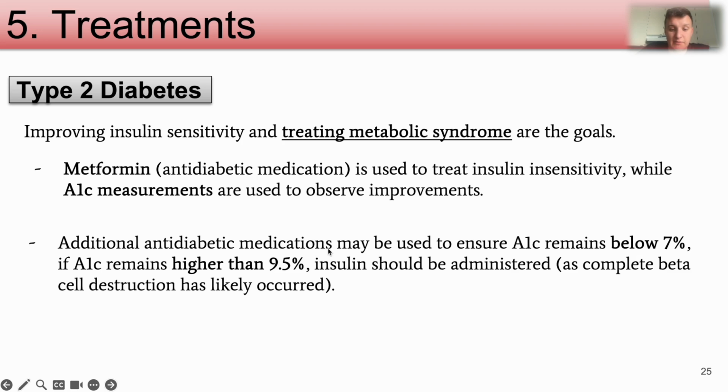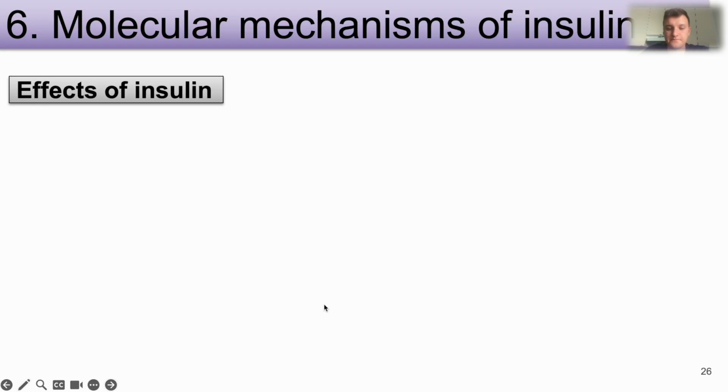Additional anti-diabetic medications may be used to ensure that the A1C remains below 7%. If A1C remains higher than 9.5%, then insulin should be administered, as complete beta cell destruction has likely occurred.